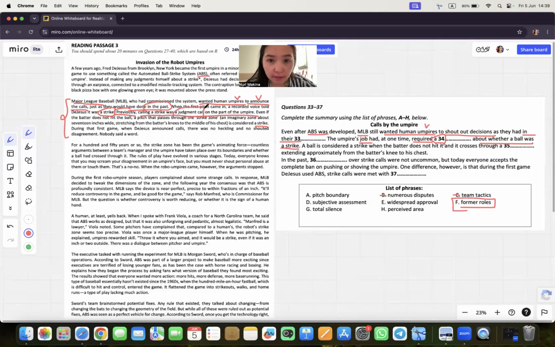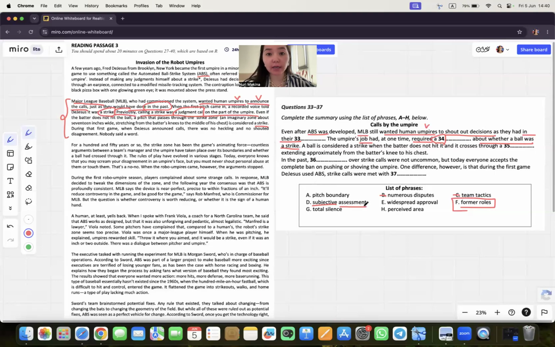So this is the answer for it, and it matches. It's a singular word, and our job is to match it with the list of phrases. Judgment, judging when somebody decides whether it was a strike or not. So our job is to find out how we match it with these words in the list of phrases. Judgment, as you can see, the only thing which says anything about judgment is subjective, which is the other way to say judgment, and call is assessment.